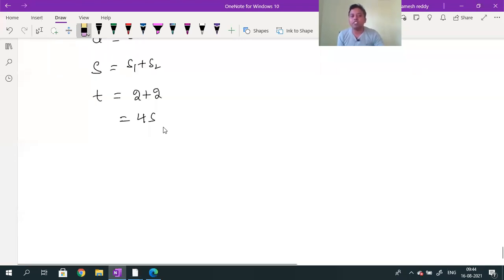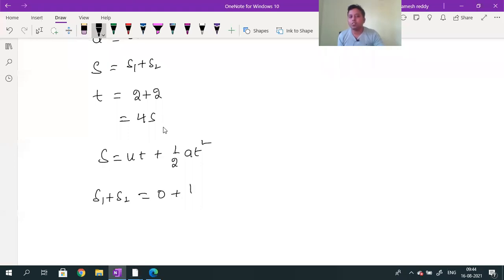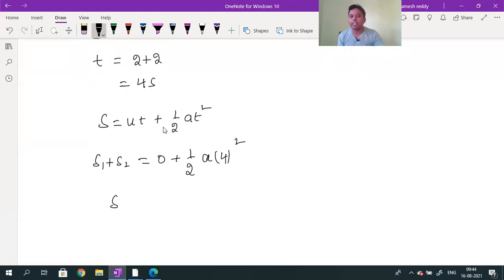Substituting these values in S is equal to ut plus half at square: S1 plus S2 is u value 0 plus half into acceleration a into t square, 4 square.